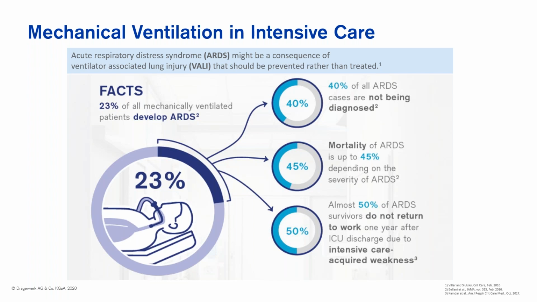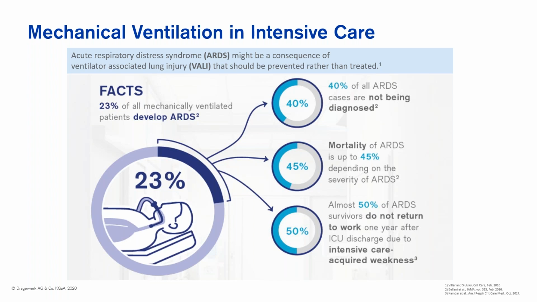And surprisingly enough, 40% of all ARDS cases are not even diagnosed at an early stage. And when the diagnosis happens, it sometimes becomes too late already. The mortality of ARDS can sometimes reach up to 45%, depending on the severity of ARDS, and almost 50% of ARDS survivors do not return to work after 1 year.